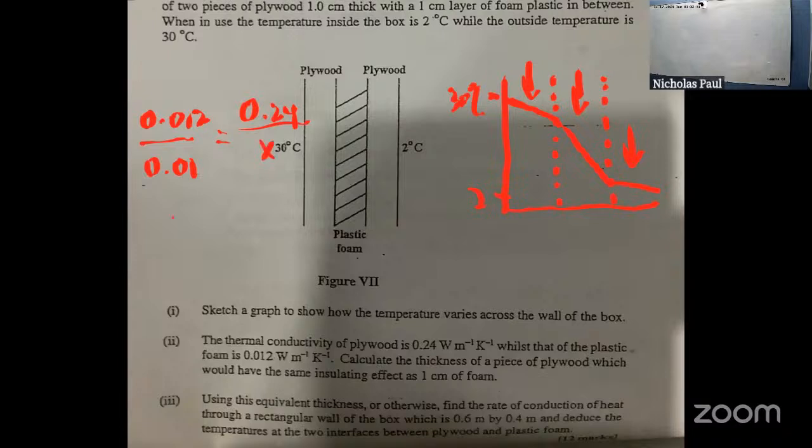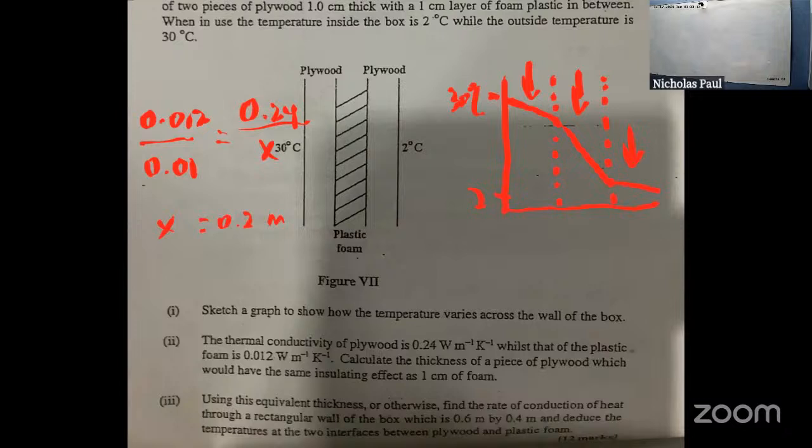Cross multiply, solve for X. What did you all get? 0.2. So we'll end up with 0.2 meters. Does it make sense? Plywood is the better conductor. Right, nice.